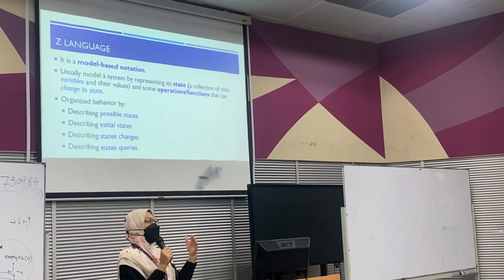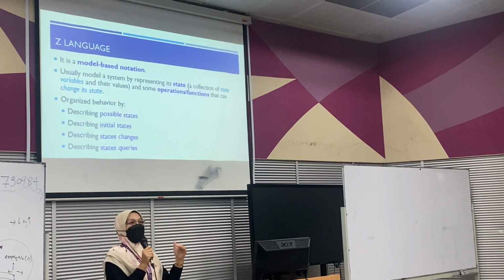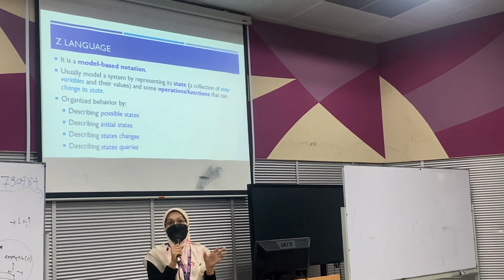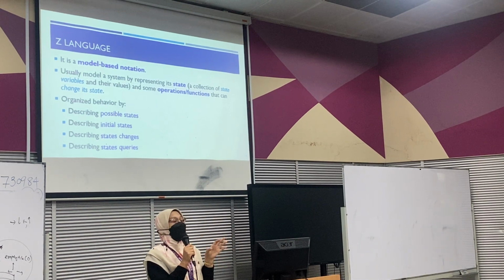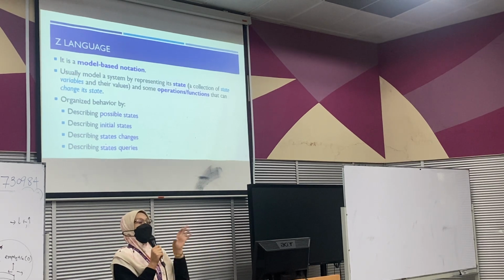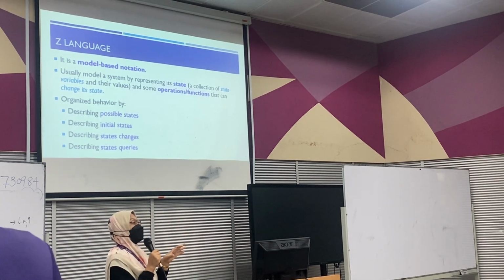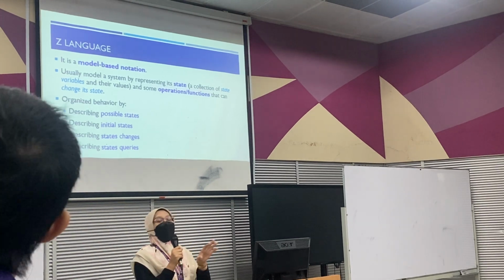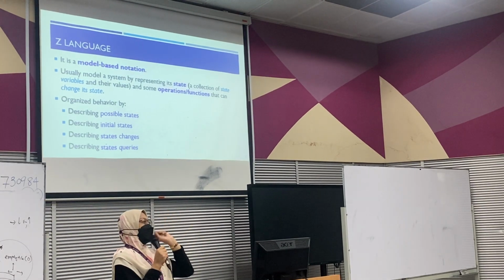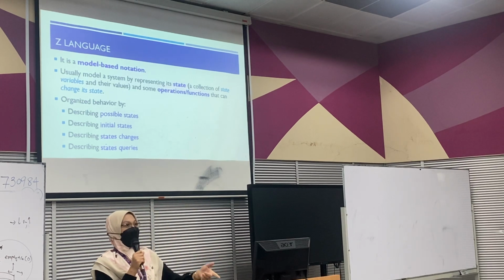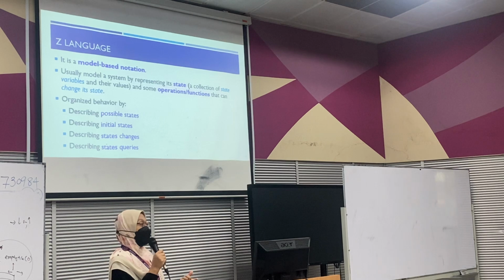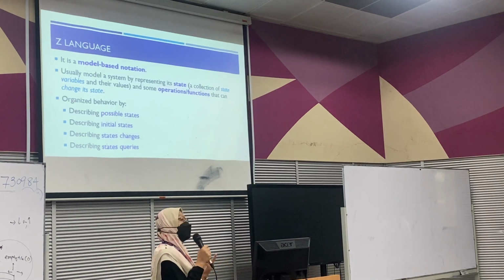Okay, so this Z is actually model based, to represent the state and behavior of the system. So how are we going to represent it later? If you refer to the assignment from last week and this week, normally we will ask you to find the title, okay, and then list the modules, and also after that list the operations or functions under those modules.